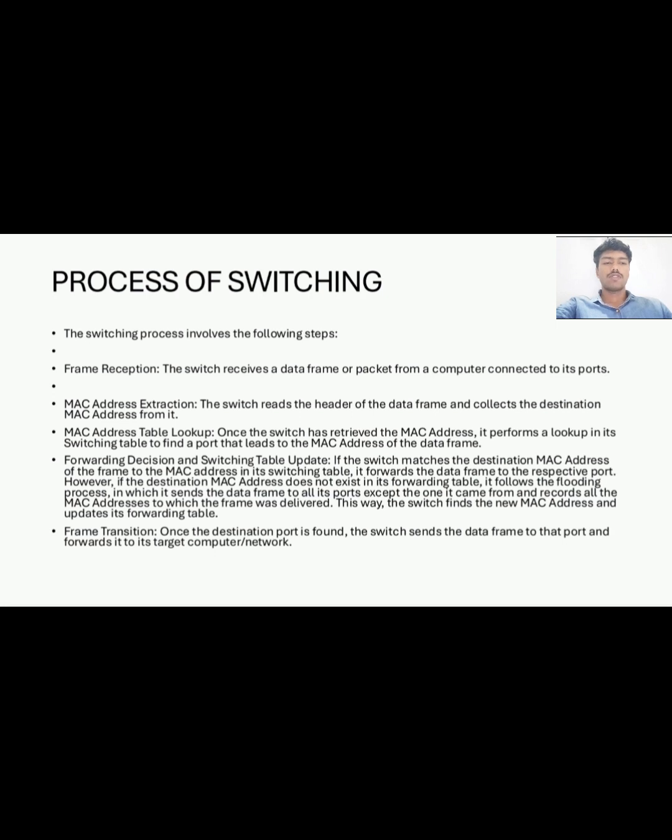This way, the switch finds the new MAC address and updates its forwarding table. These are called forwarding decision and switching table update. The last one is frame transition. Once the destination port is found, the switch sends the data frame to that port and forwards it to its target computer or network.